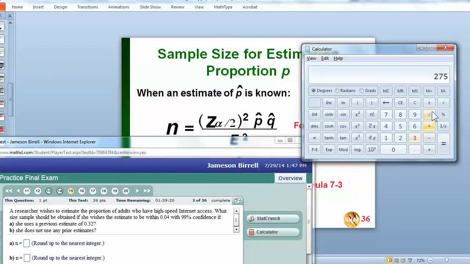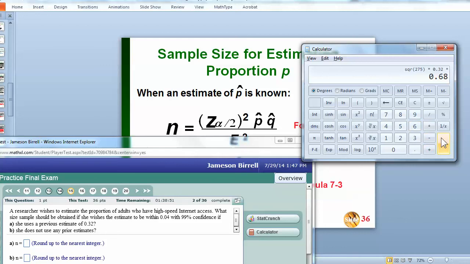Then you square that, and you multiply, and we're going to use a previous best point estimate of 32%. So you'd have to multiply that by its complement, which should be 68%.